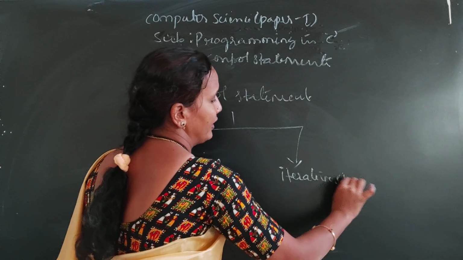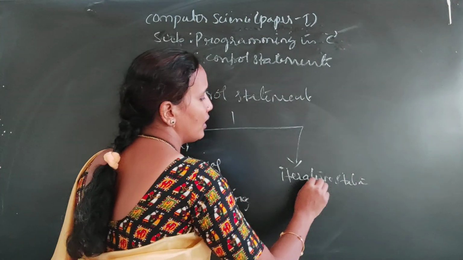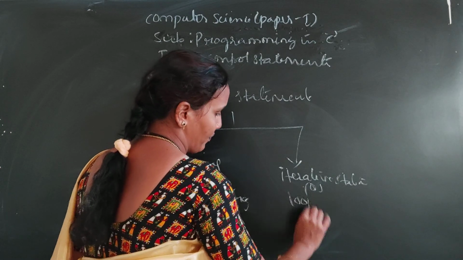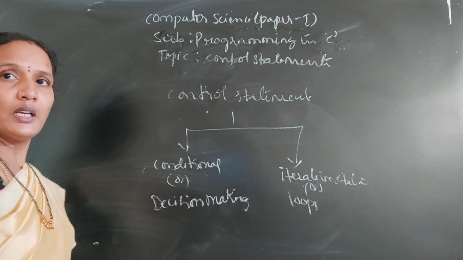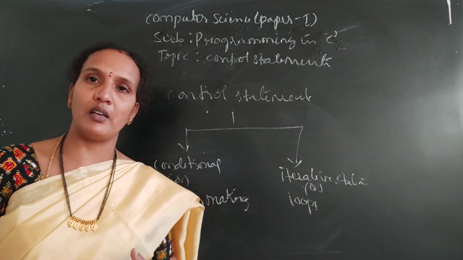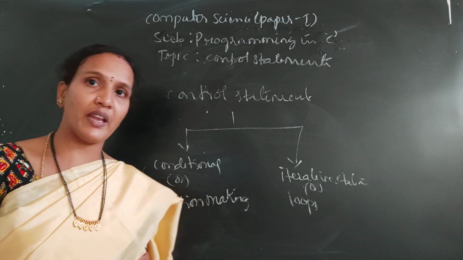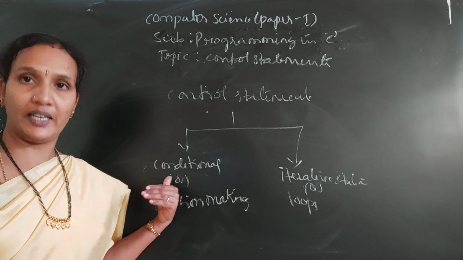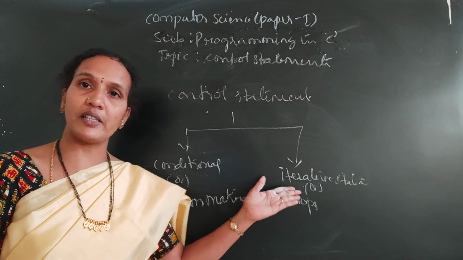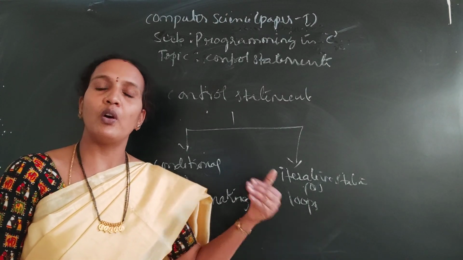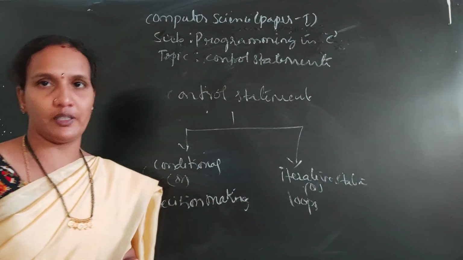Iterative statements, also called loops or repetitive statements. Okay. In exam they may ask a question like this, decision making, or they may ask control statement, conditional statement, or they may ask iterative or loops or repetitive statements.